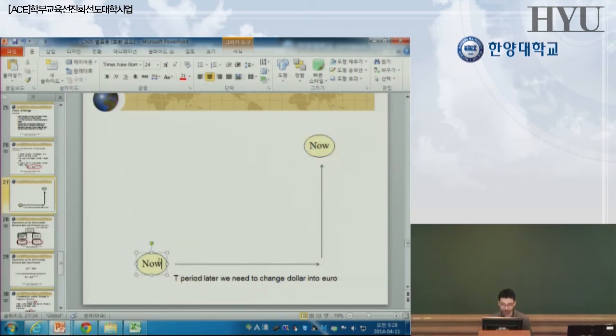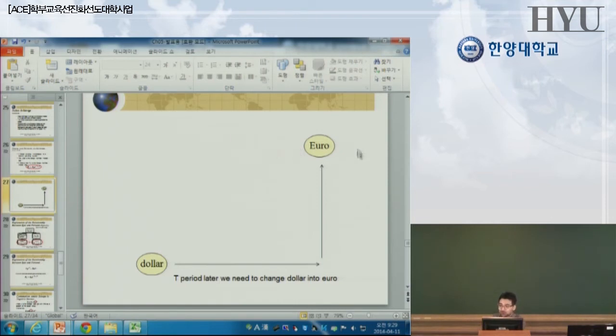So this is like a dollar, and then you want to change it to euro. Fortunately, we have the forward contract.